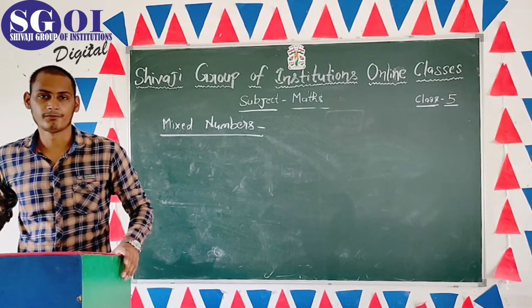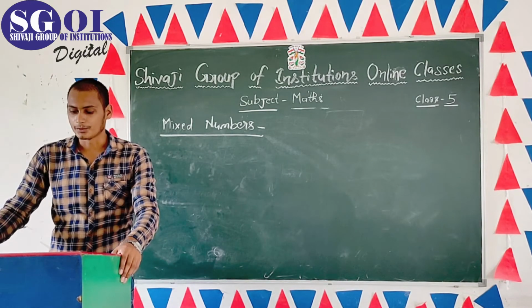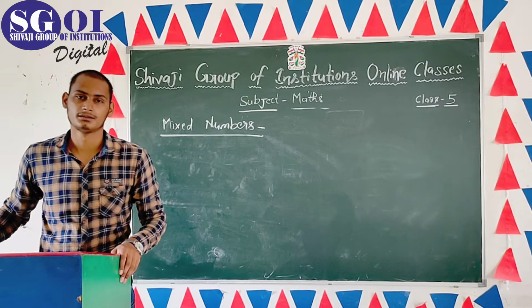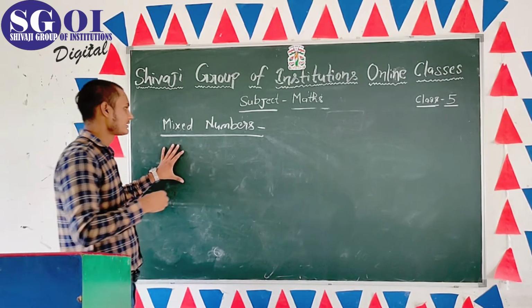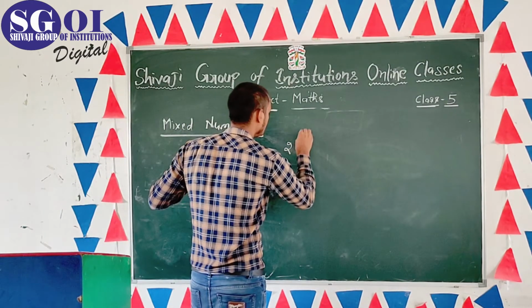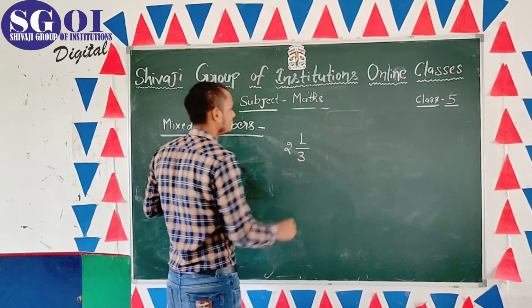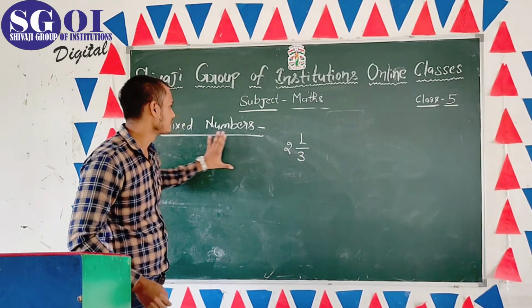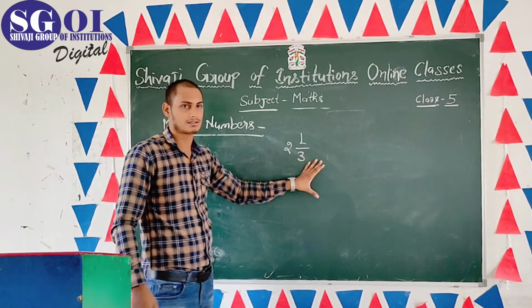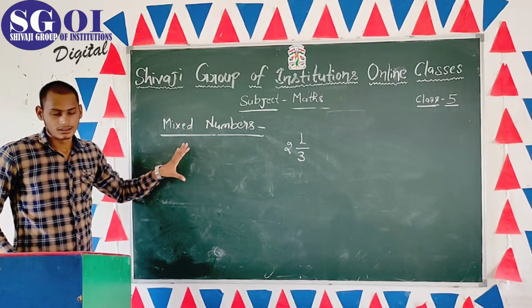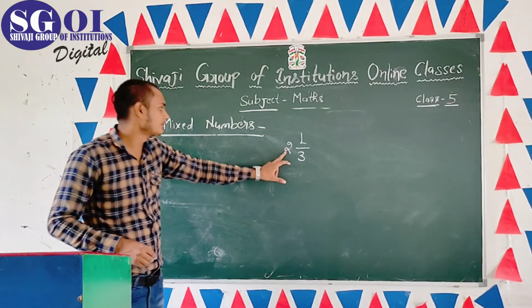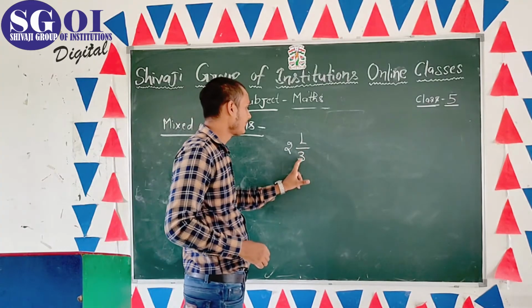A combination of a whole number and a proper fraction is called a mixed number. Okay students? A combination of a whole number and a proper fraction.